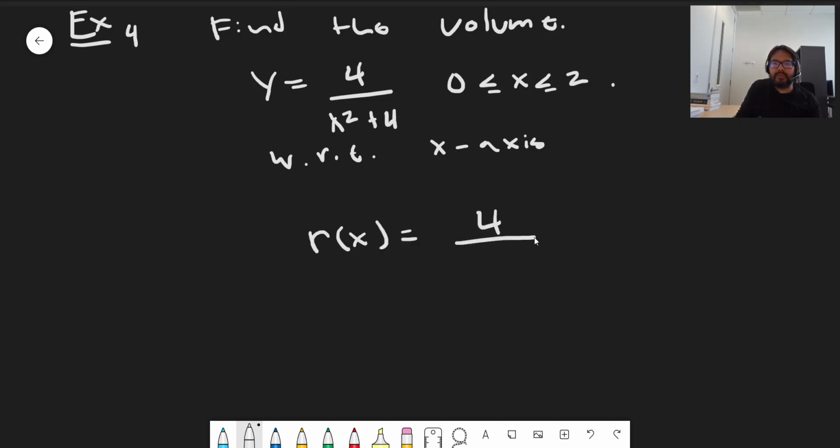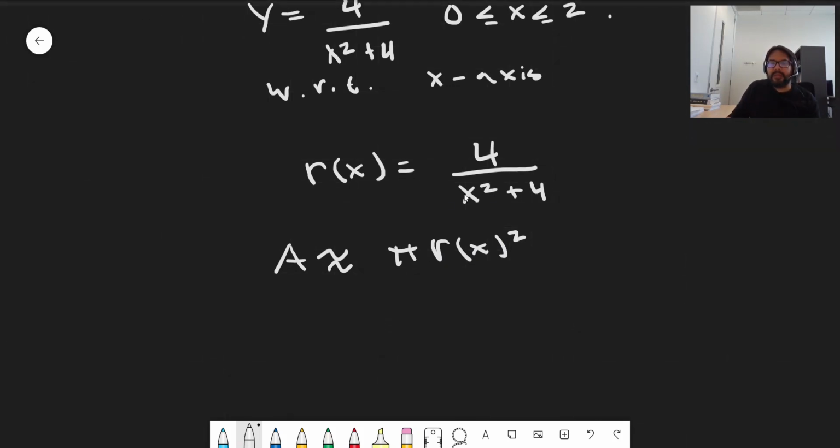the function 4 over x squared plus 4. And basically you're using that the area is approximately pi times r of x squared, which in this case would be 16 pi.